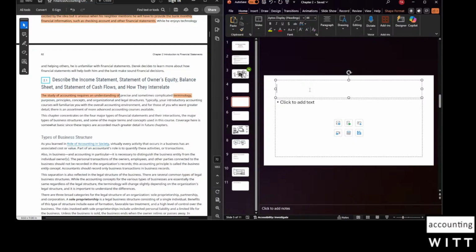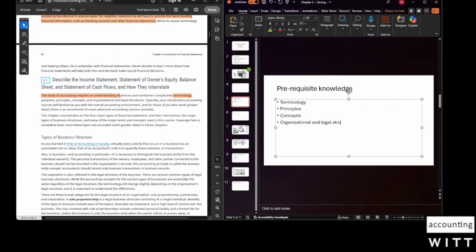Let's just call it the prerequisites. What's the prerequisite knowledge to understand accounting? There's terminology, principles, concepts, organizational and legal structures.